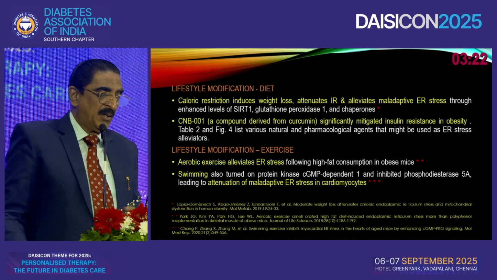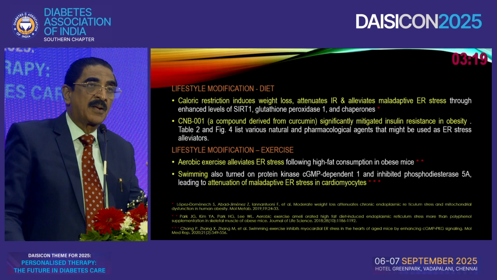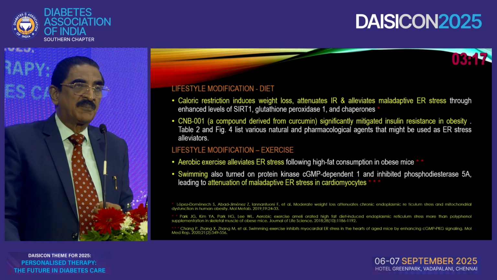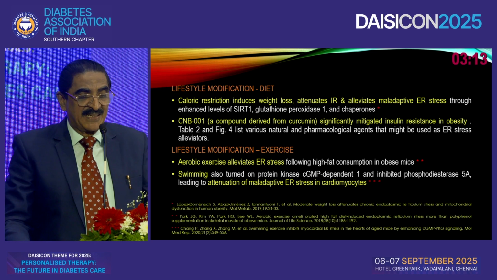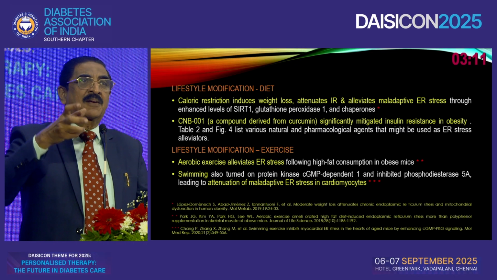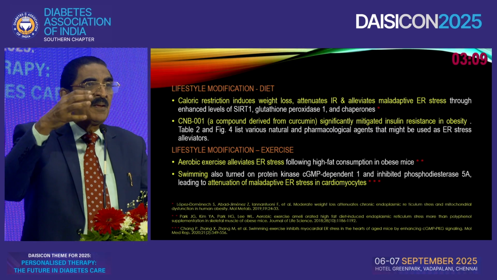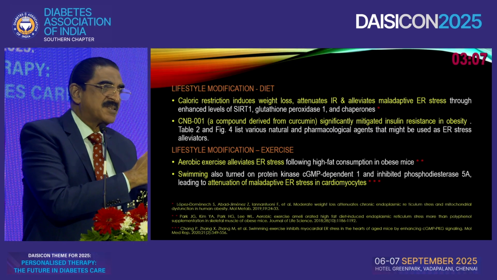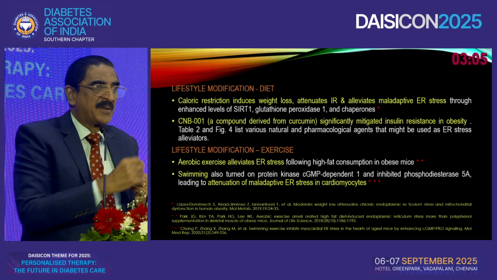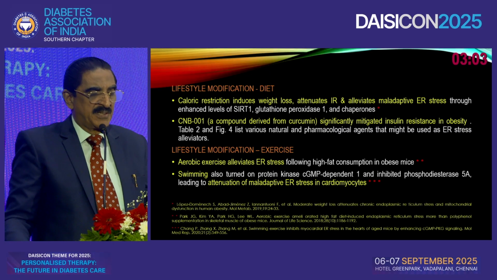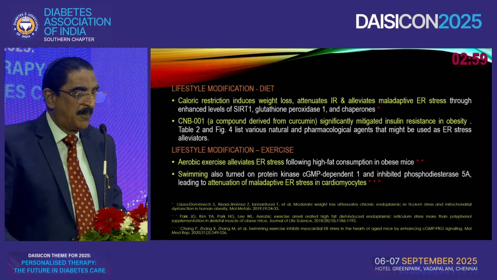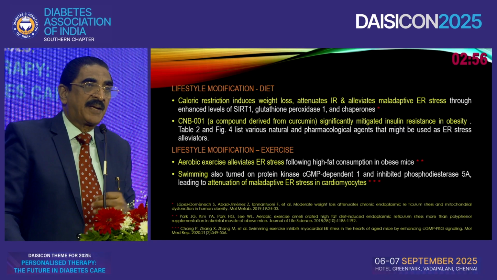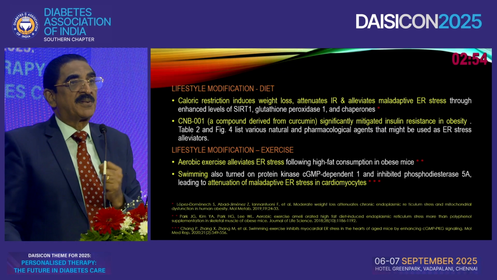So calorie restriction, that is regarding the diet, and weight loss attenuate insulin resistance and alleviate maladaptive ER stress. Normally we think calorie restriction and weight reduction cause insulin resistance. We don't understand the link between these two. This is one of the links that we see. Another thing is CNB001, a compound derived from curcumin, which significantly mitigated insulin resistance in obesity.